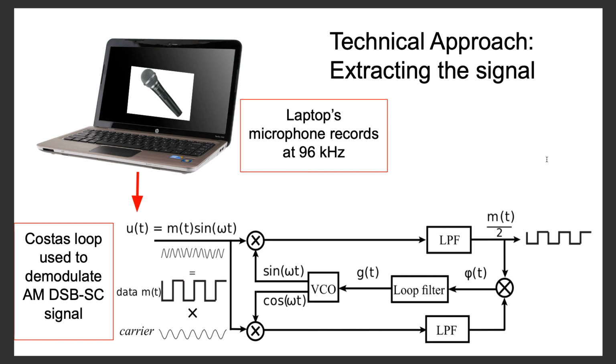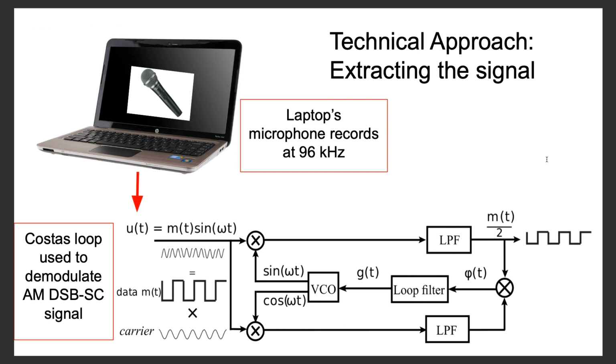What I found when analyzing the spectrum is that in that range, from 20 to 30 kilohertz, where the researchers focused in the whole paper, the AM signal I got didn't have any carrier.